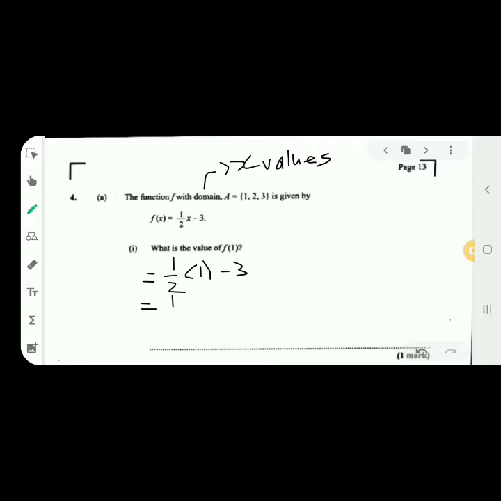A half times 1 is a half, minus 3, and a half minus 3 is negative 2.5. So that's our answer for the first one right there. Whatever is inside the bracket, substitute the x with that quantity.